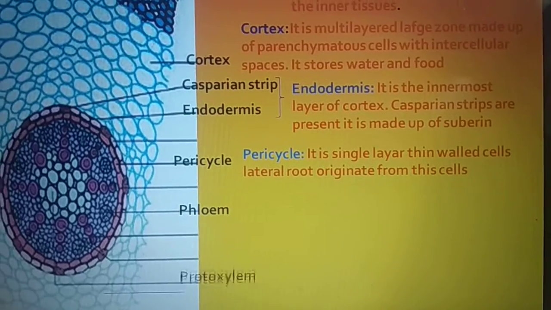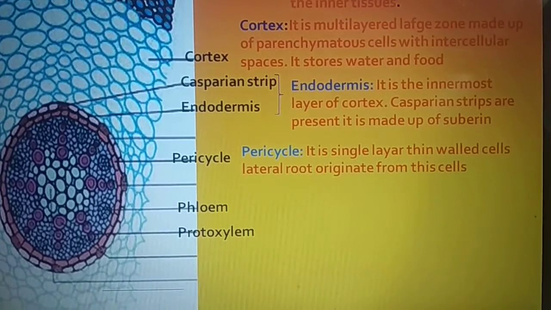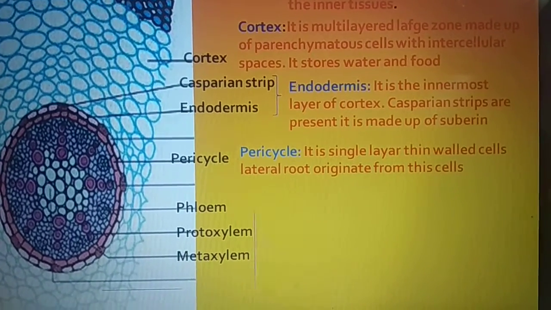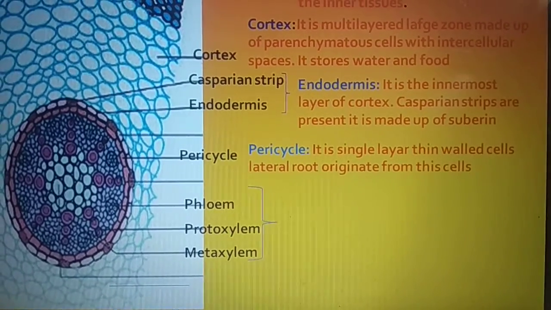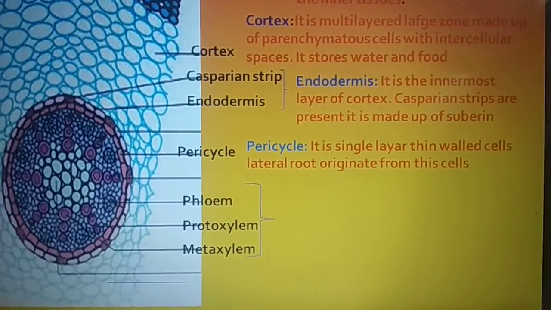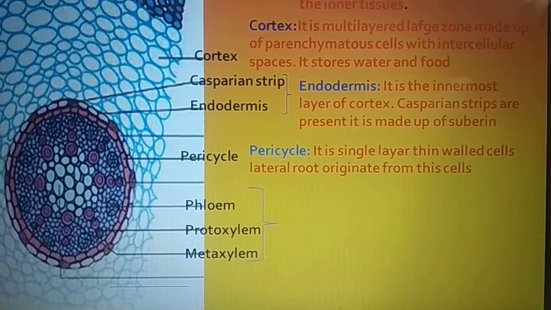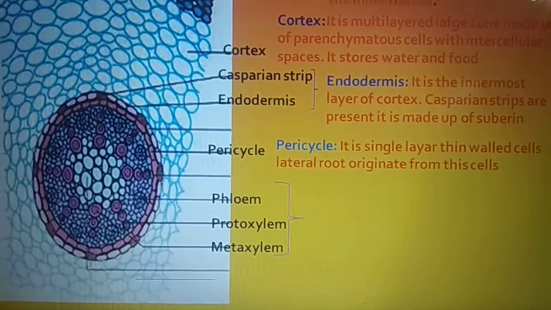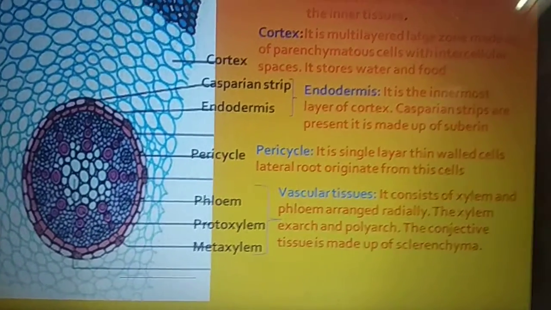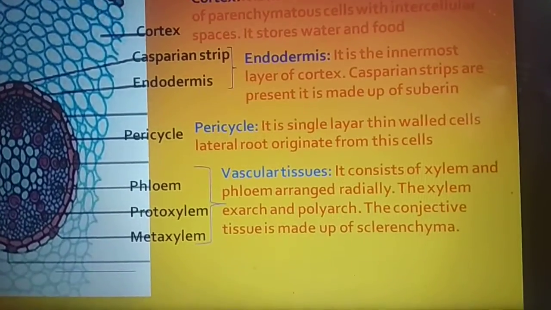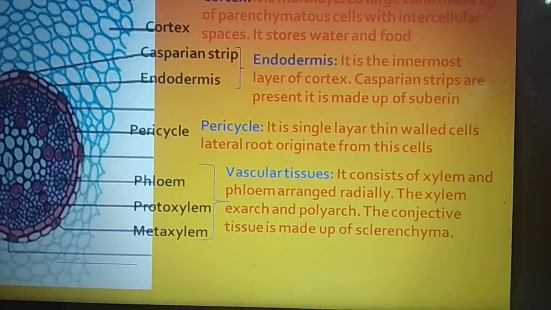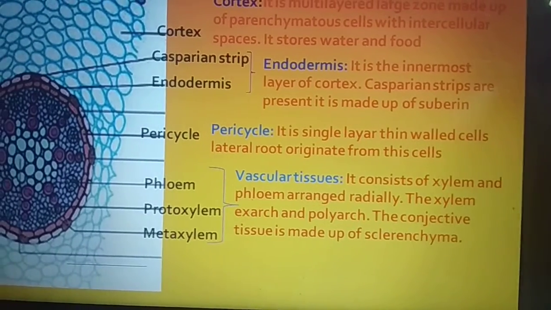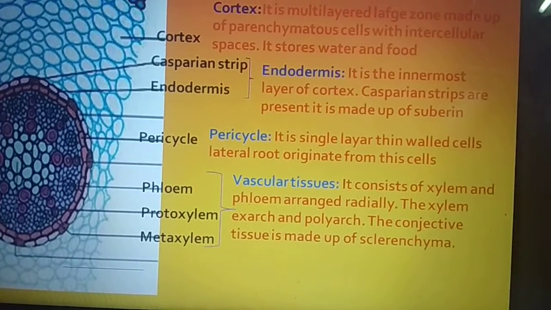Next, phloem, protoxylem, metaxylem. Protoxylem is the small one, metaxylem is the big one. Together with phloem they form the vascular bundle. The vascular bundle consists of xylem and phloem arranged radially, alternately.